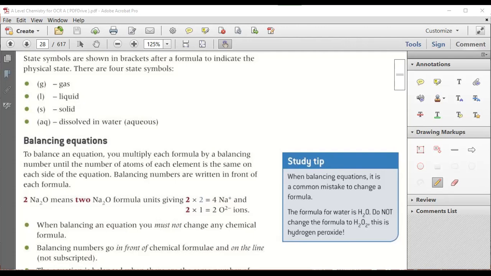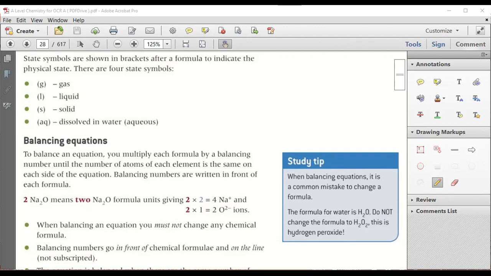Sodium, oxygen, hydrogen, sulfur. Number of sodium 1. Oxygen is 1 plus 4, it's 5. And here we have hydrogen 1 and 2, 3, and 1 sulfur.